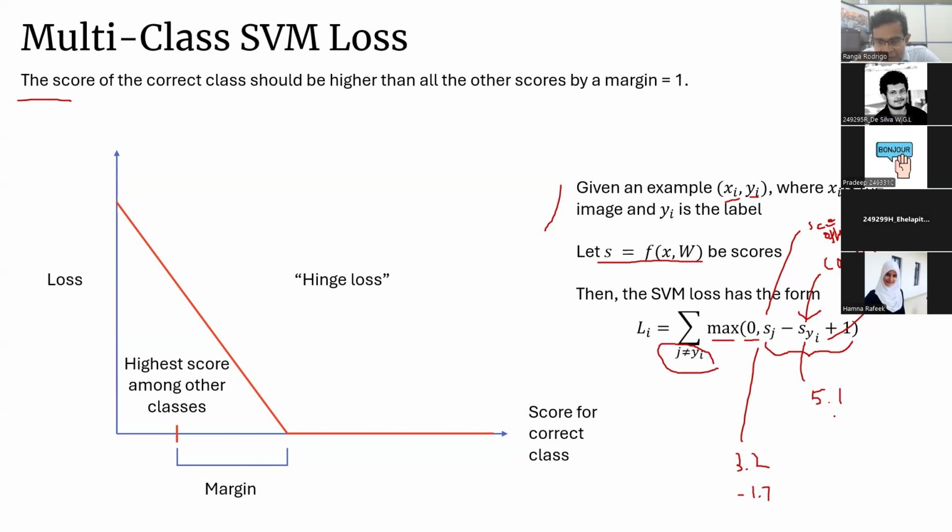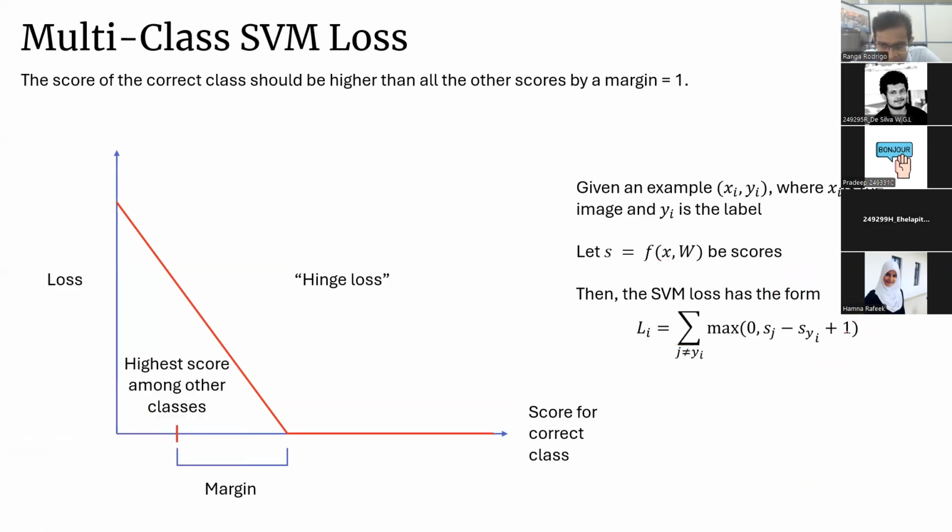Maximum value between 0 and minus 1.9 is 0. That's the first one. Then the second one: minus 1.7 minus 5.1 is minus 6.8. Maximum value between 0 and minus 6.8 is 0. So it's not making a loss. Okay, so now you can see how this formula works.